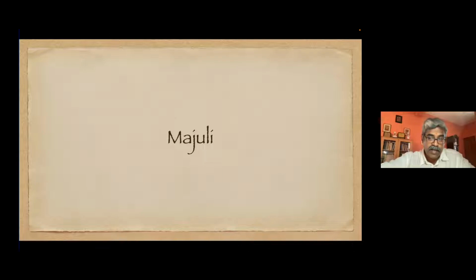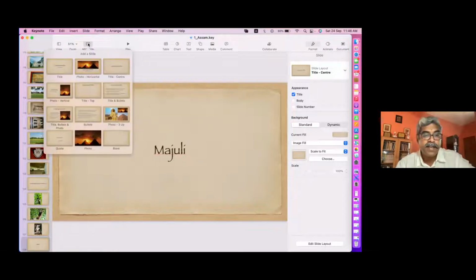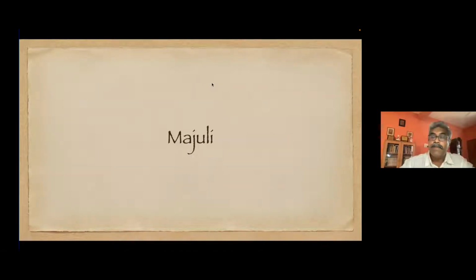Moving on from Jorhat, we'll be visiting Majuli River Island. I'm sorry, I will be needing to go fast because of the time constraint. The Majuli River Island is the second largest river island in the world.